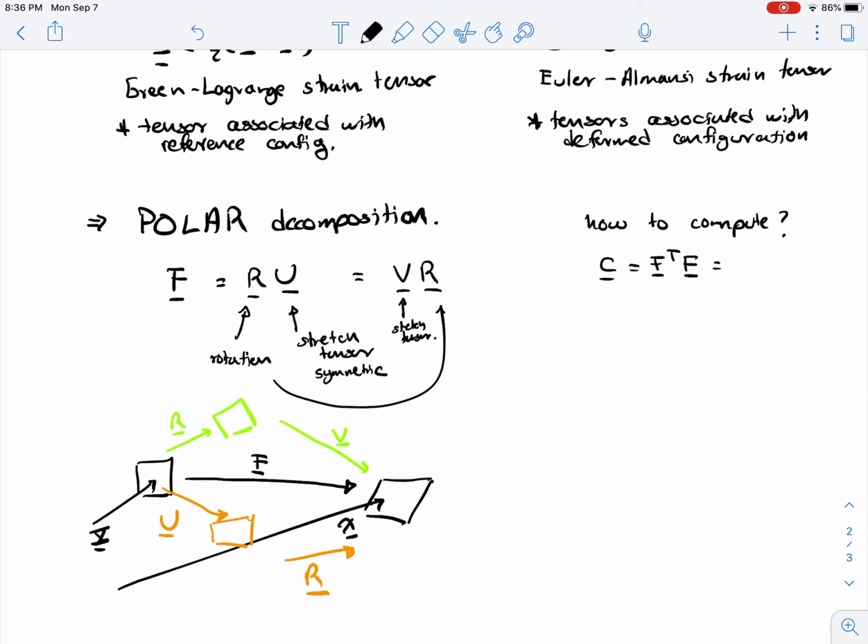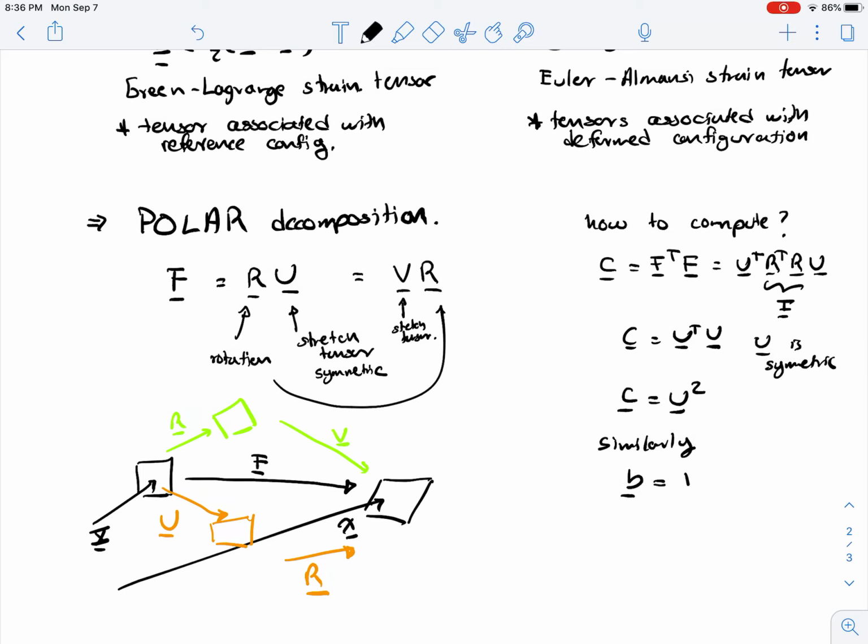Well, based on the fact that C, which is F transpose F, would be U transpose R transpose R U. And R transpose R is the identity because R is a rotation, so it's a proper orthogonal tensor. So we have C equals U transpose U. And U is symmetric, so C equals U squared.